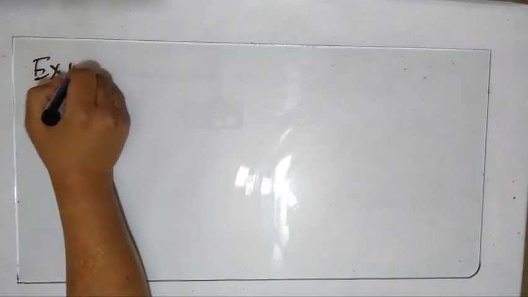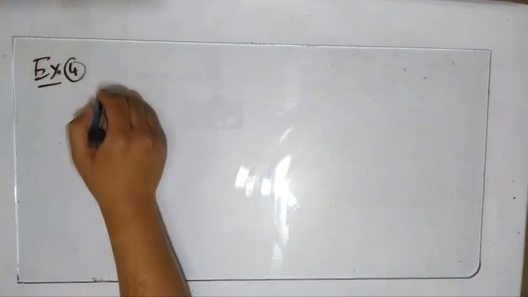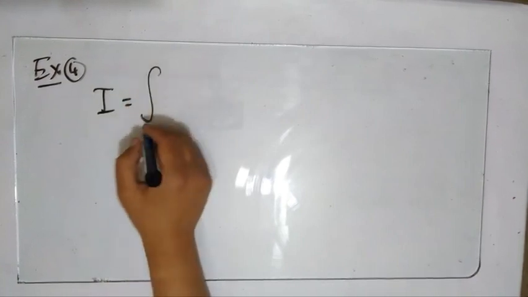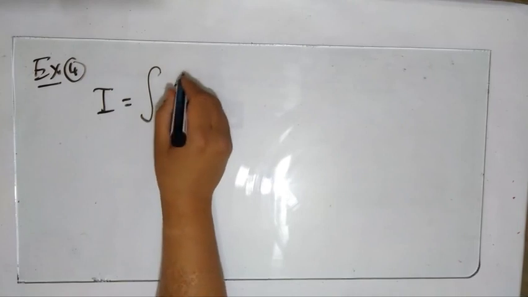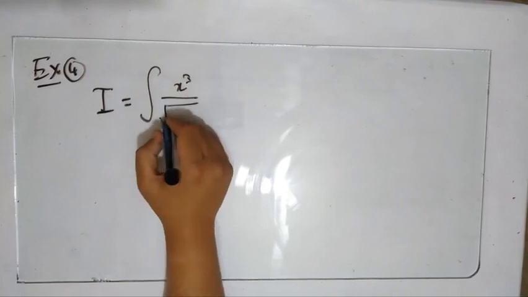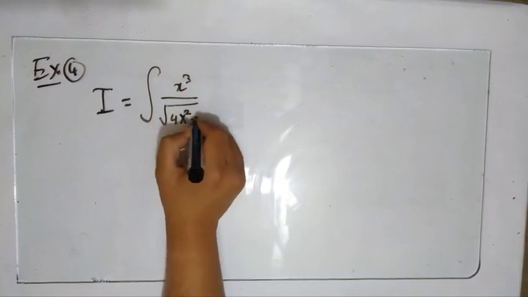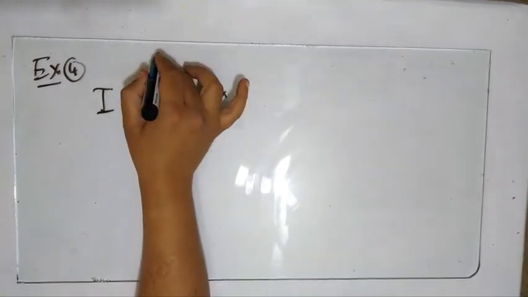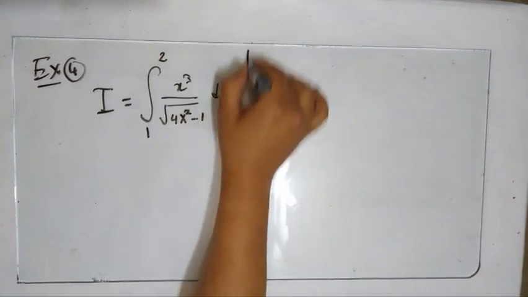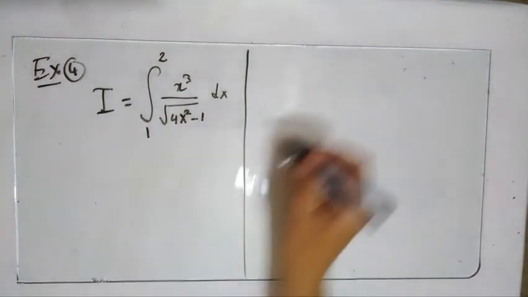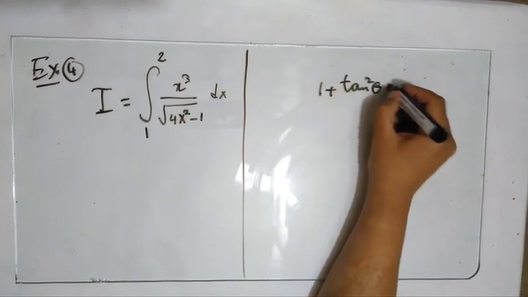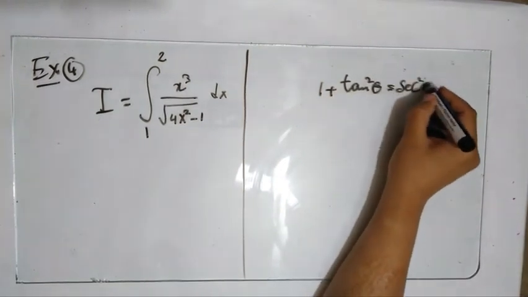Another example, example 4. So we want to find this integral, the integral of x cubed over the square root of 4x squared minus 1 with respect to x from 1 to 2. Okay, so again, you know that 1 plus tan squared theta equals secant squared.